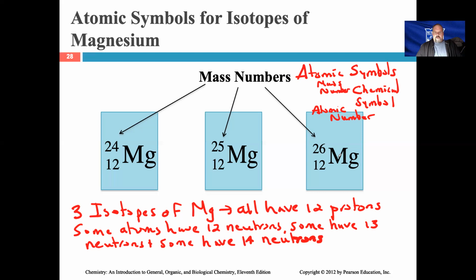And the one over here would be the one that has 14 neutrons. 12 plus 14 is 26. Okay. Notice if you were focusing only on the periodic table, the only one that you would sort of expect is the one all the way to the left, because you would round the mass number of magnesium to 24. But there are other types of isotopes of magnesium that exist.